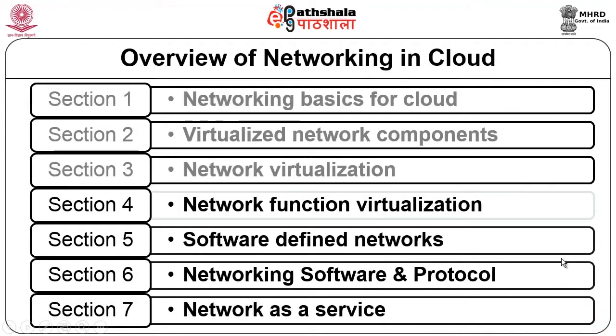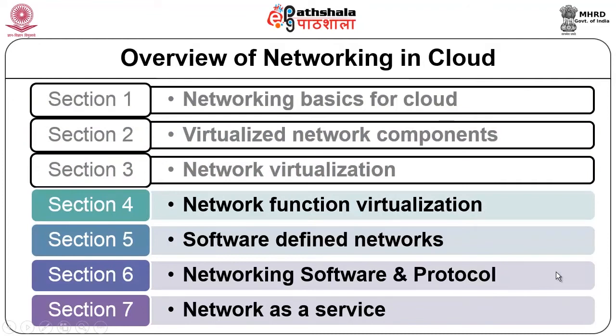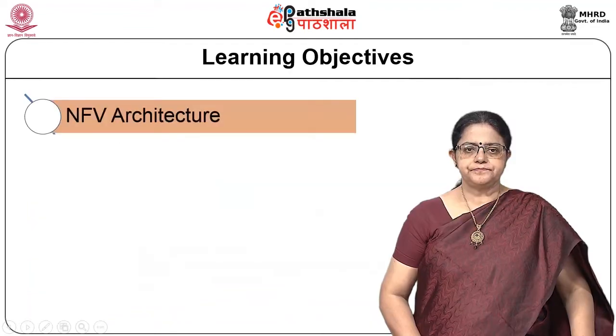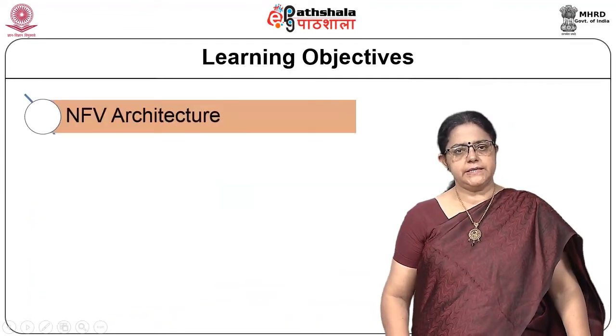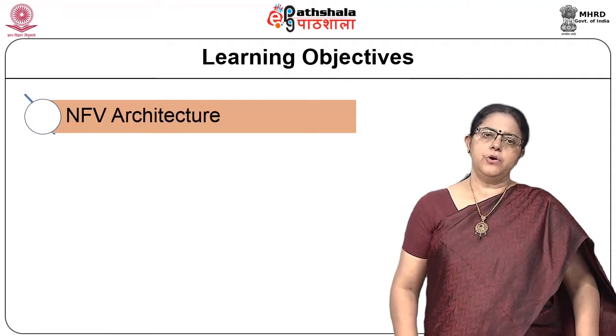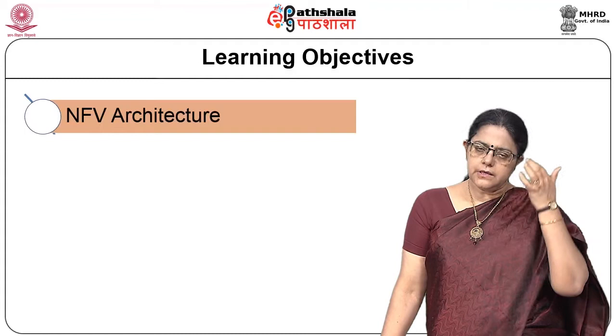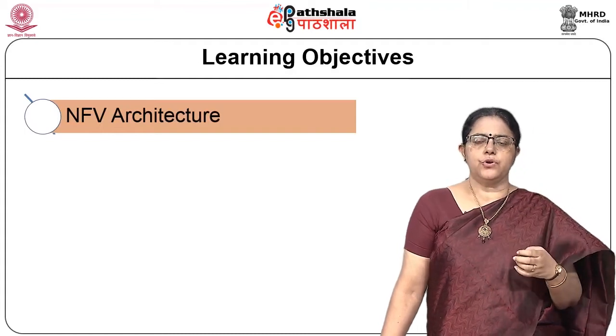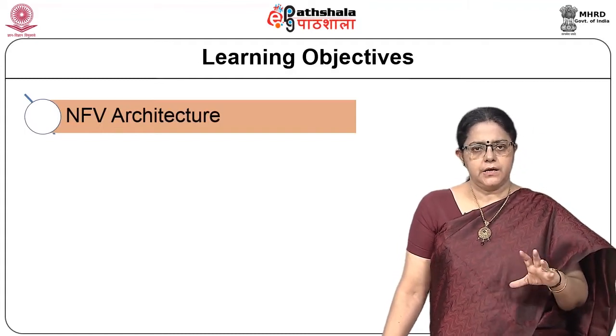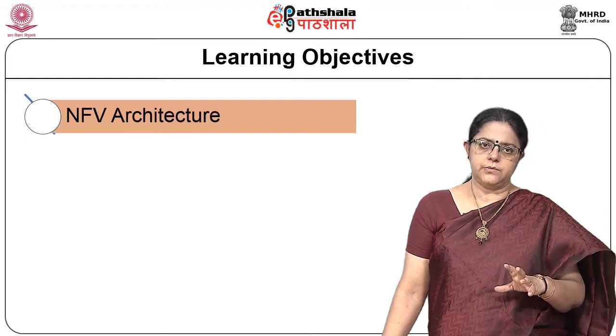In the last module, we looked at the first 3, and in this module we are going to look at the next 4 topics that are relevant to virtualization. The learning objective of today's module is virtualizing the higher 4 layers of the ISO-OSI networking model.